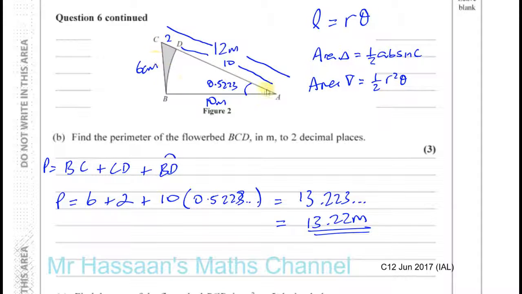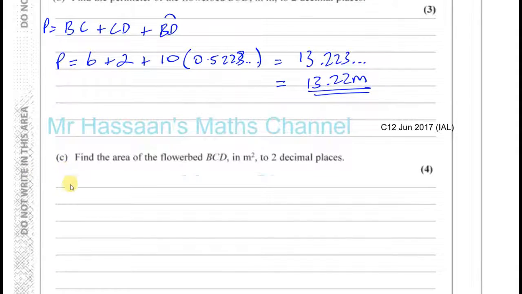So we're going to do a half times 10 times 12 times sine of 0.5223, as we had it in our calculator in radians.